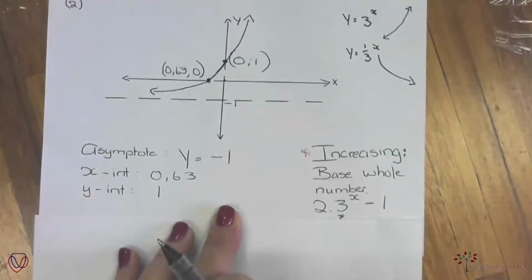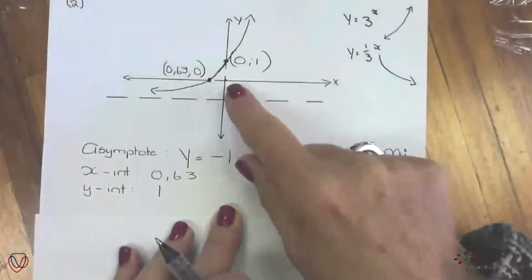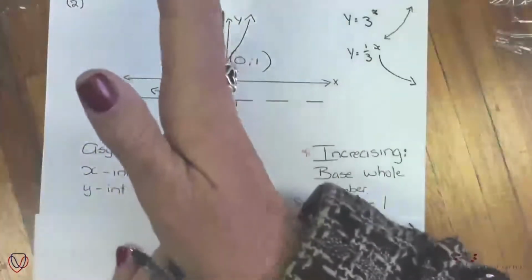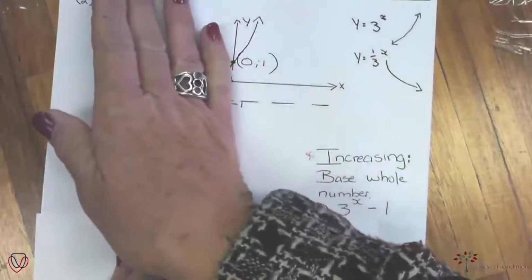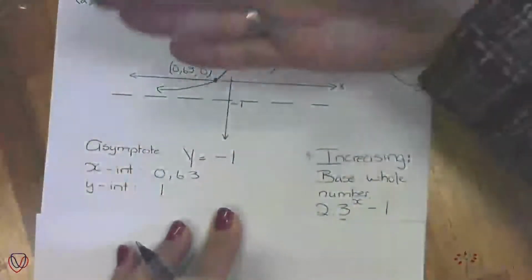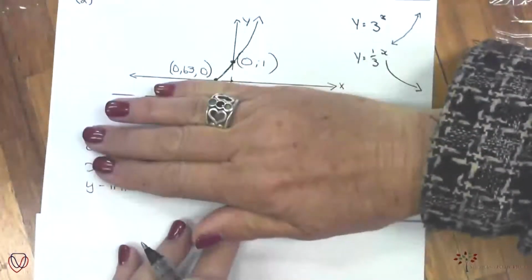Let me repeat myself. Mirror image in the y-axis, positive x becomes negative x. Mirror image in the x-axis, positive y becomes negative y.